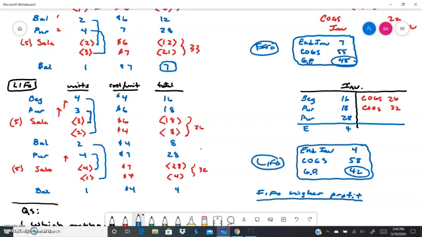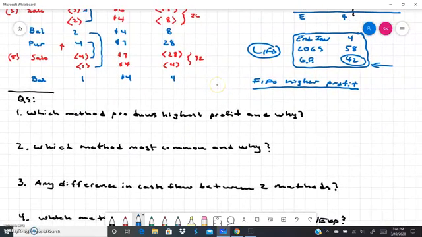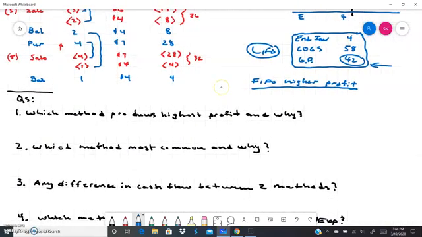And you can see that gross profit is higher for LIFO than for FIFO. And the question is, which one does produce the highest profit and why? And I think if you take a look, obviously FIFO is going to produce the higher profit, but only in a certain situation. And maybe you could just pause and think about what that situation might be.